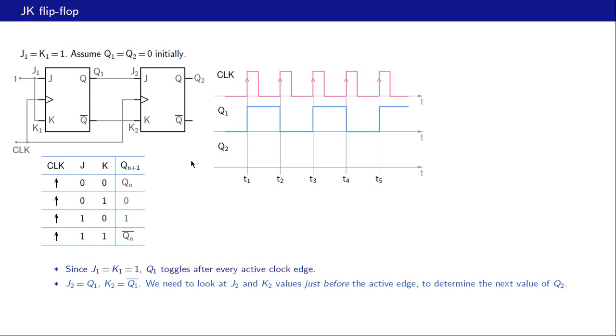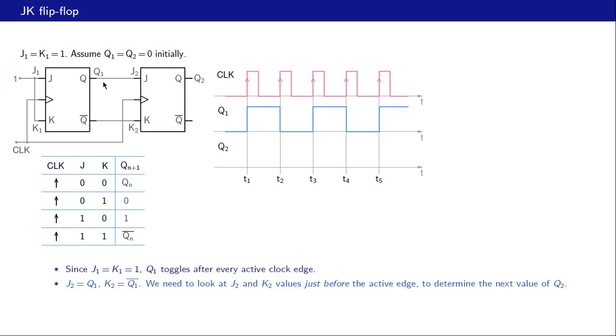Getting Q1 was straightforward because the inputs to this flip-flop, J1 and K1, were not changing with time. They were always constant, equal to 1, and therefore we could figure out in advance what's going to happen to Q1. With the second flip-flop, the situation is different.